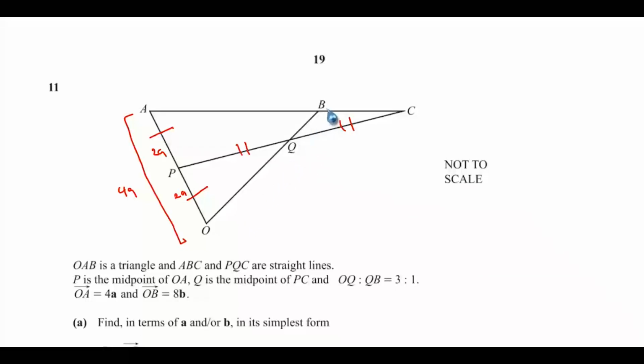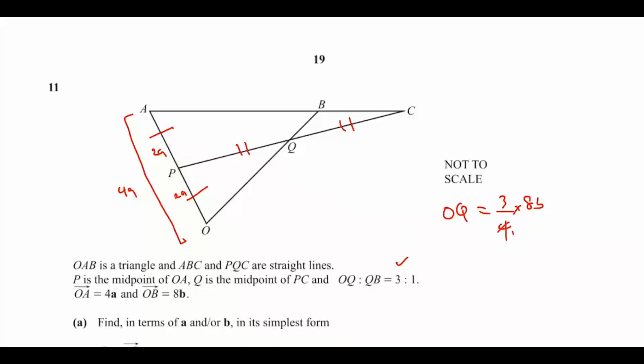So if the whole of this is 8B, and we know that the ratio OQ to QB is 3:1, I can easily find OQ. OQ is equal to the ratio of OQ, 3, over the total ratio 4, then multiply by OB, which is 8B.